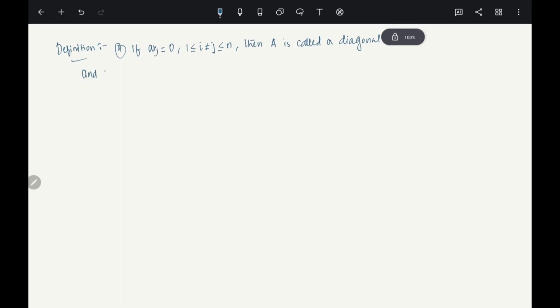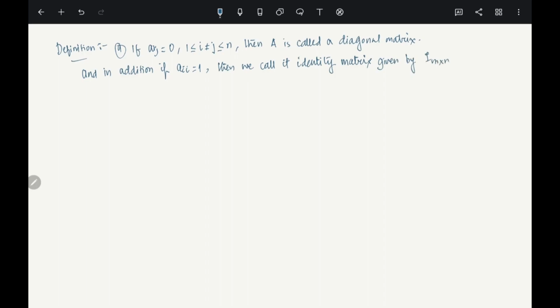And in addition, if a_ii is 1, then we call it an identity matrix, given by I_n.